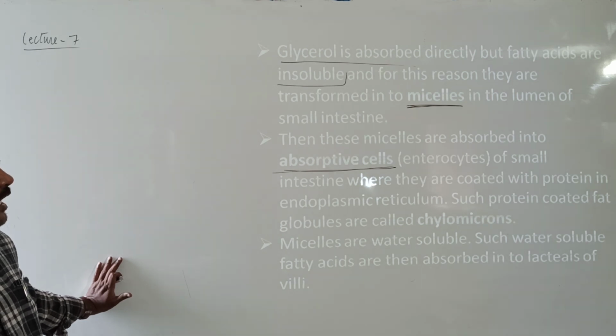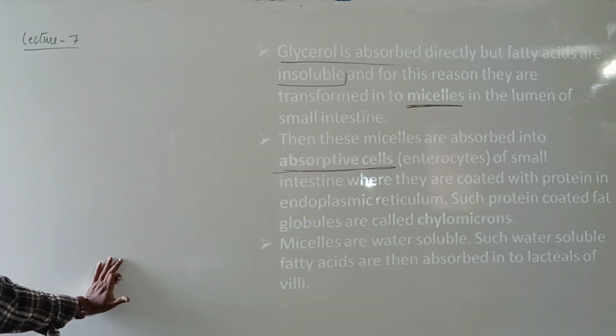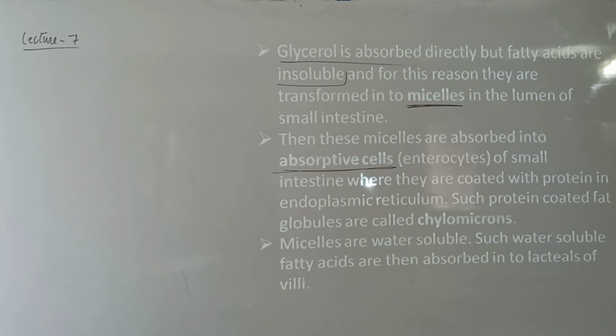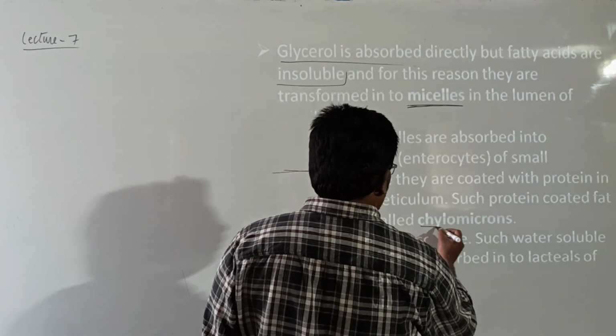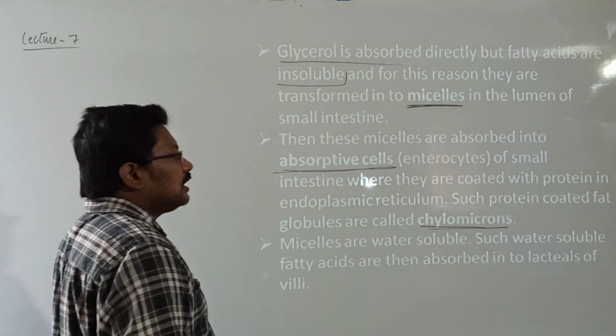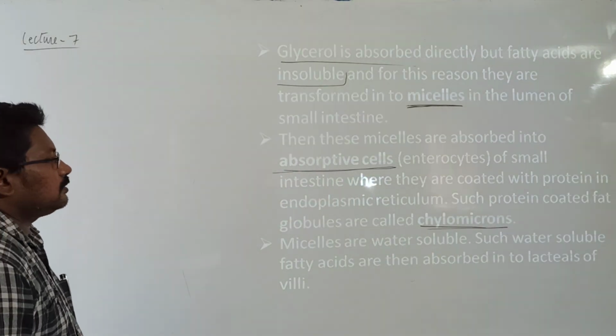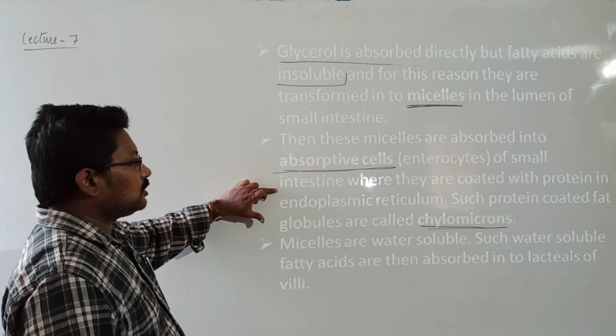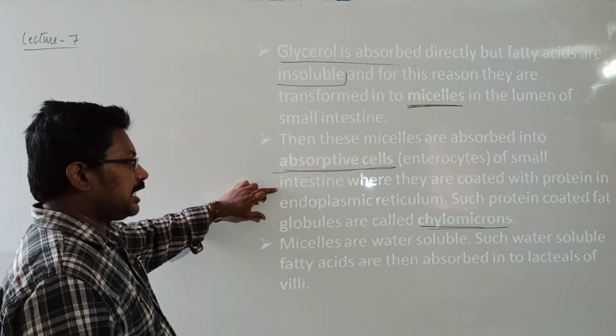In those enterocytes, they are coated with the protein of the endoplasmic reticulum. Such protein coated fat globules are called chylomicrons. So you can see here chylomicron formation takes place in the enterocytes of the small intestine.